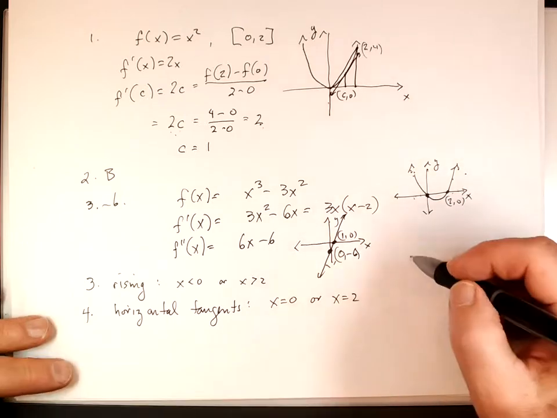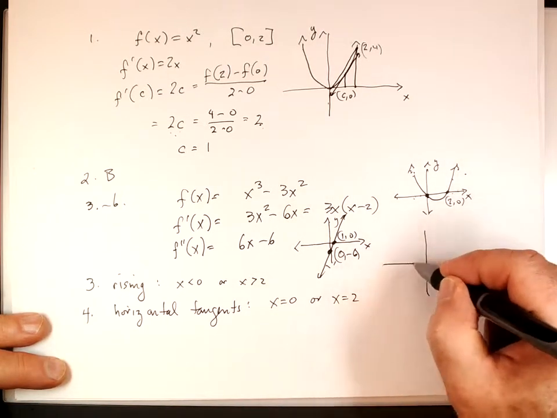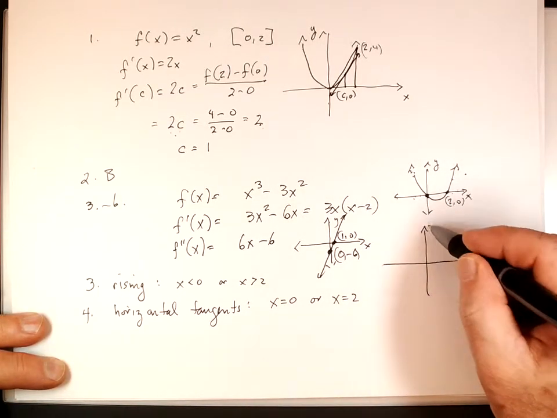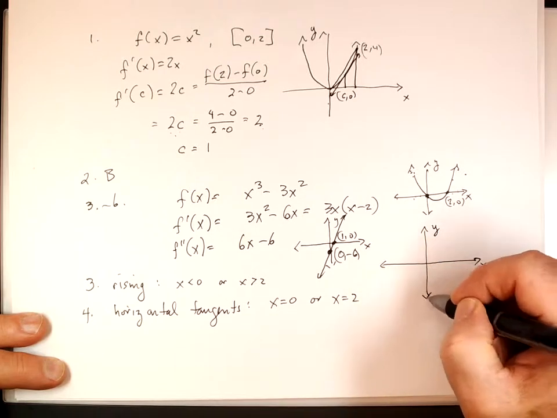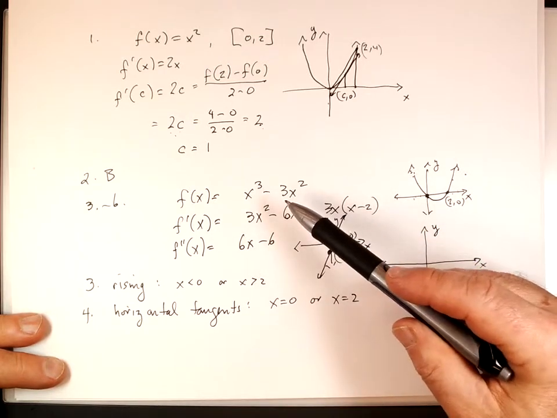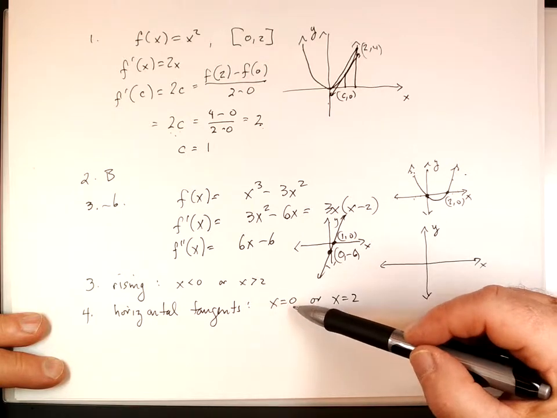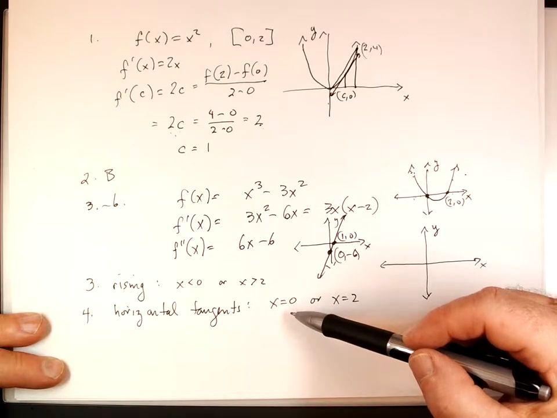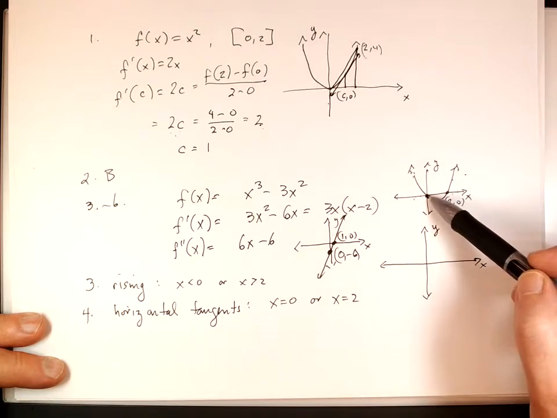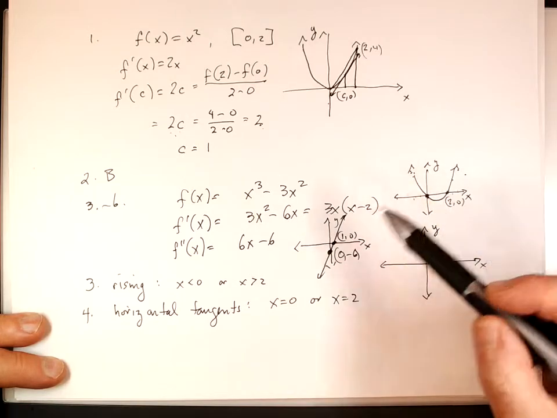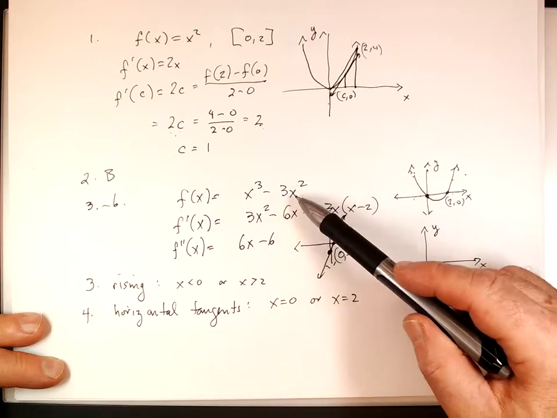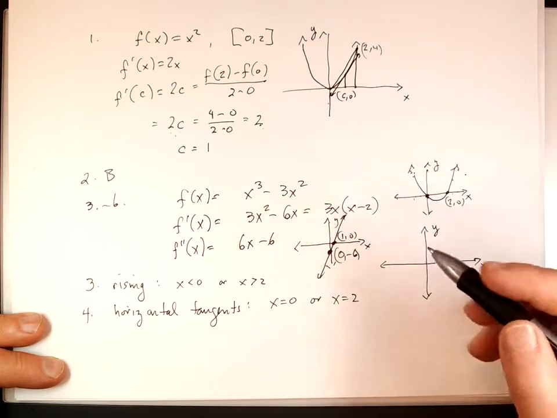We got here. Let me plot the function itself. And the way to plot the function is to use these horizontal tangents. When x equals 0, I've got a horizontal tangent line. How do I know that? Because the first derivative is 0 there. Okay? And also at 2. If I substitute 0 into the original, my function is 0.